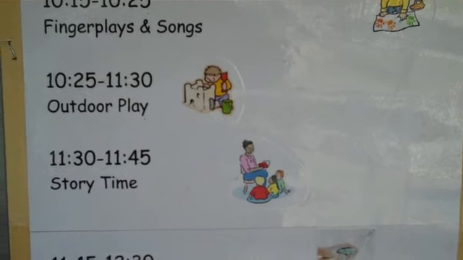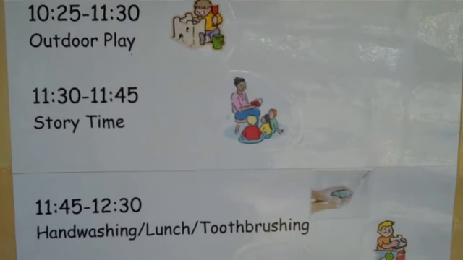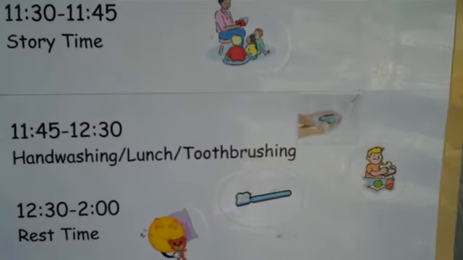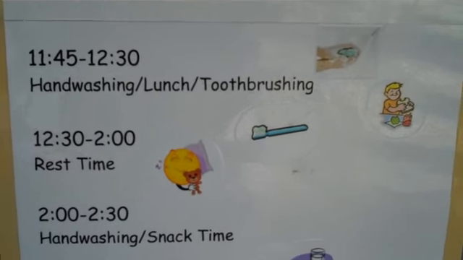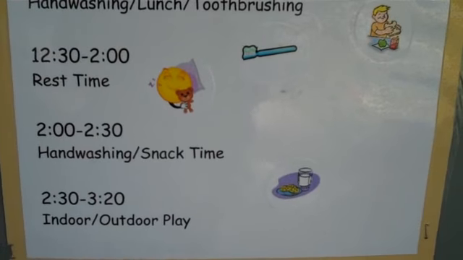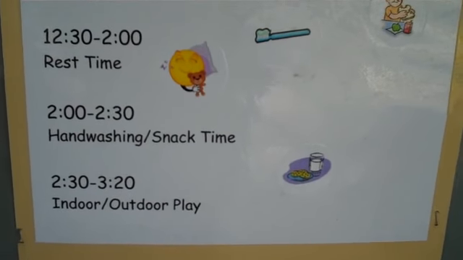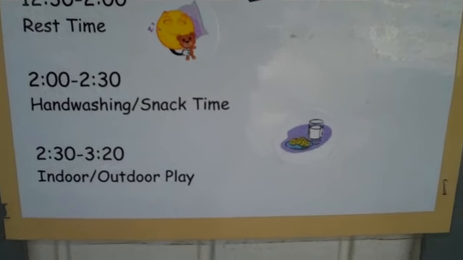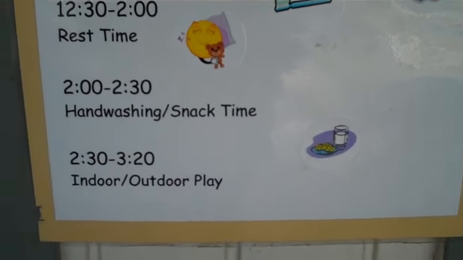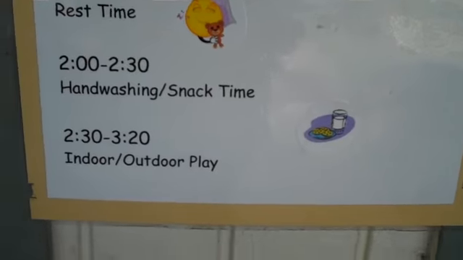And after outdoor play, we come in for stories, hand washing, lunch, and again toothbrushing. Then there's a rest time. And then hand washing and snack time. And this center is open just till 3:20, so the last part of the day, they're indoors and outdoors.